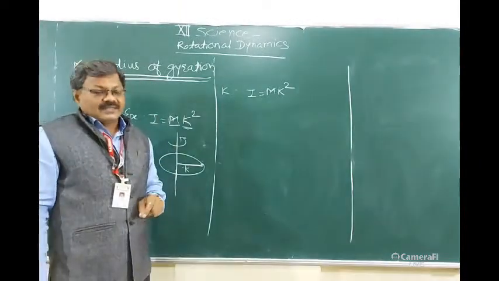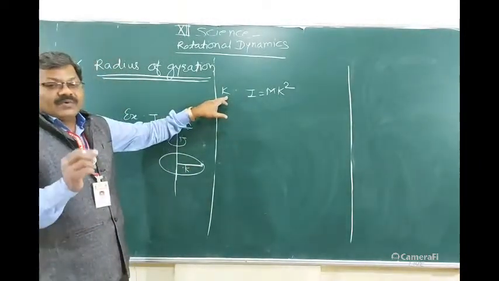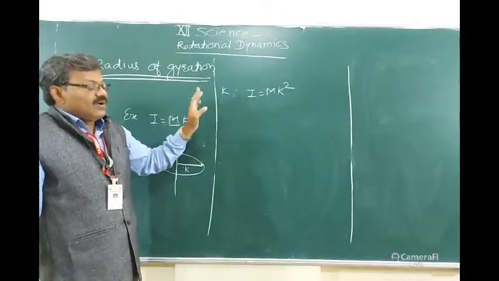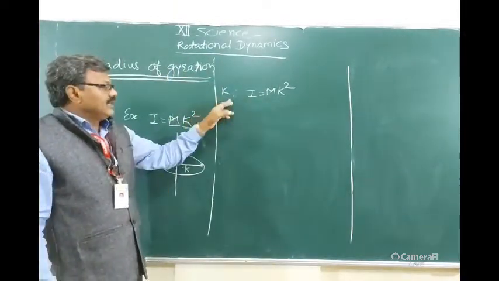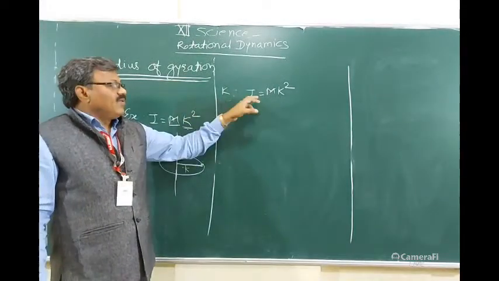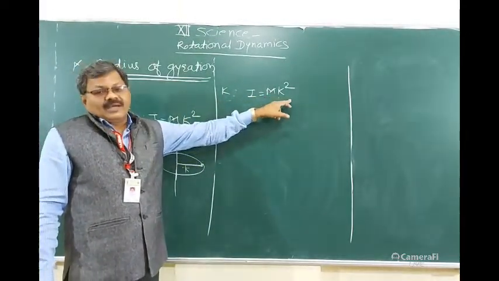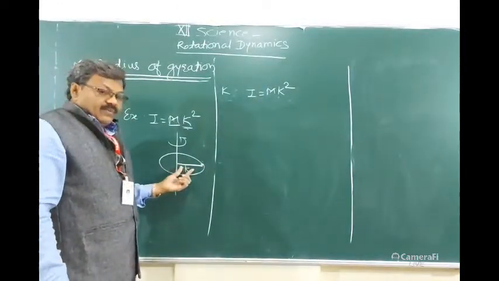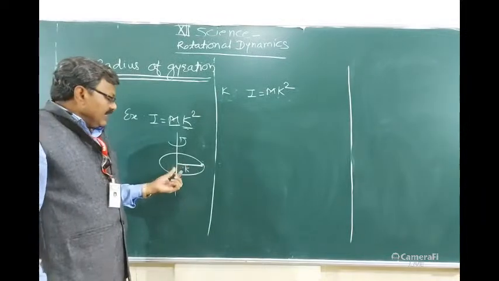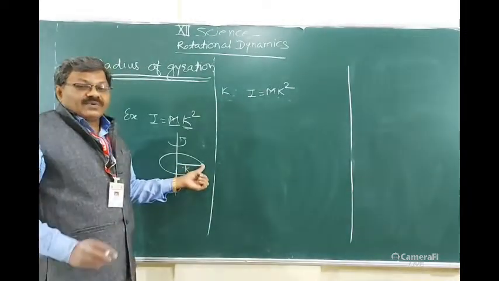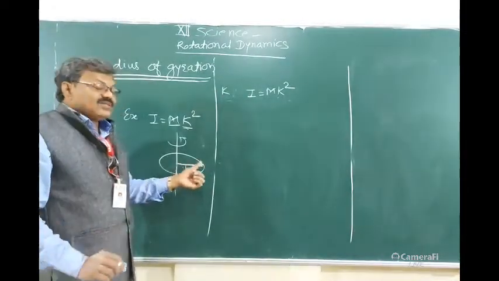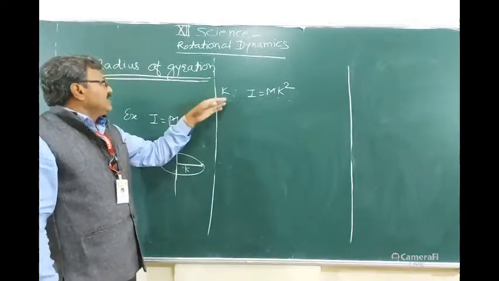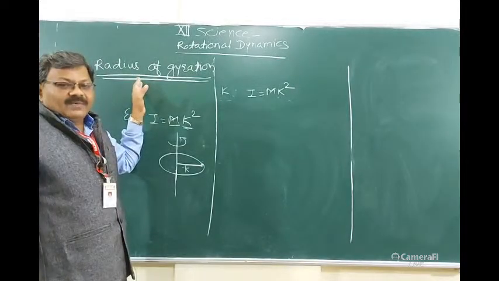In other words, if k is the radius of gyration of the object about the axis of rotation, then the moment of inertia of this body is I equals mk squared. Also, for larger k, mass is distributed farther away from the axis of rotation. Now, this is about the radius of gyration.